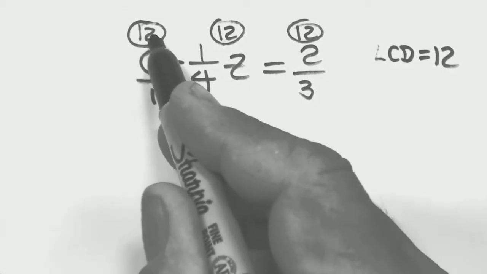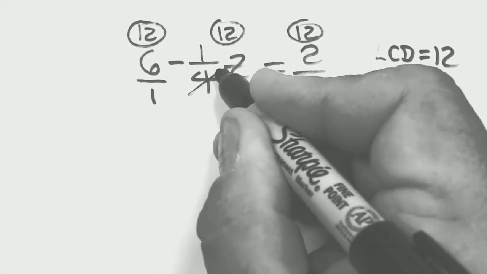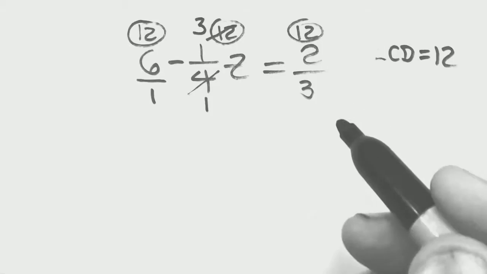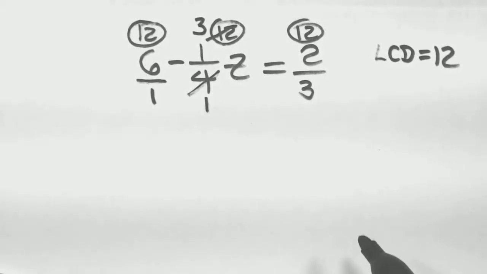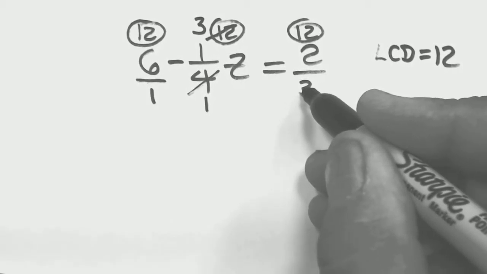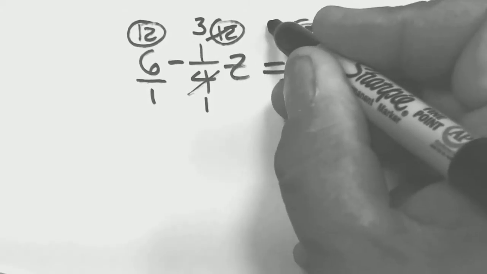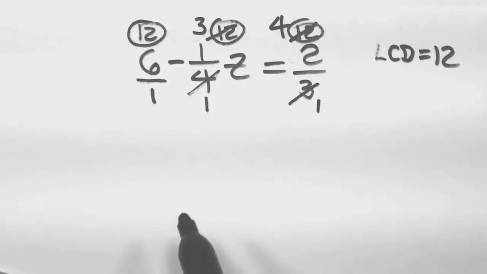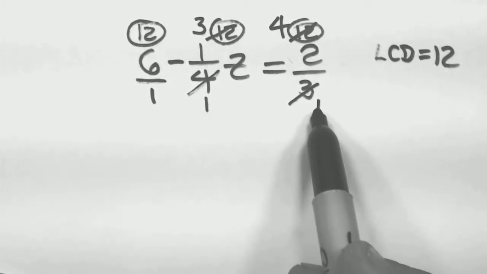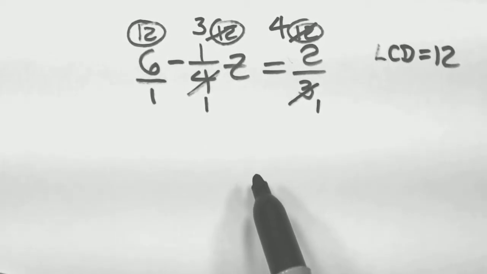He's 1, so the full 12 remains. The second fraction has got a 4. Well, 4 goes into 4 once, and in the 12 it goes 3 times, so that leaves a 3 from that 12. Going over the right side, I want to divide out the bottom. 3 goes into 3 once, and it goes into 12 4 times. So what I've done is I've reduced out those fractions that had denominators, and I've canceled them against that LCD I had up on top.